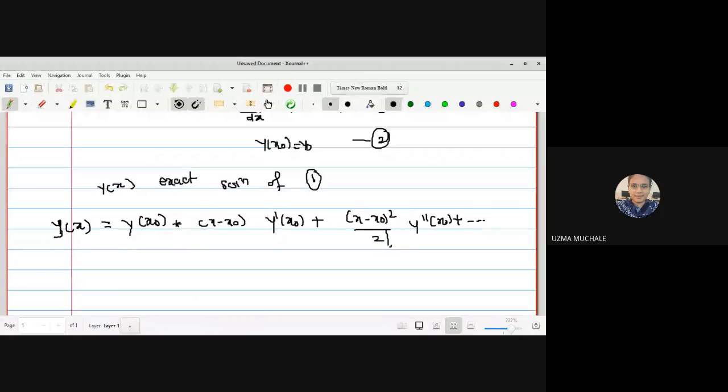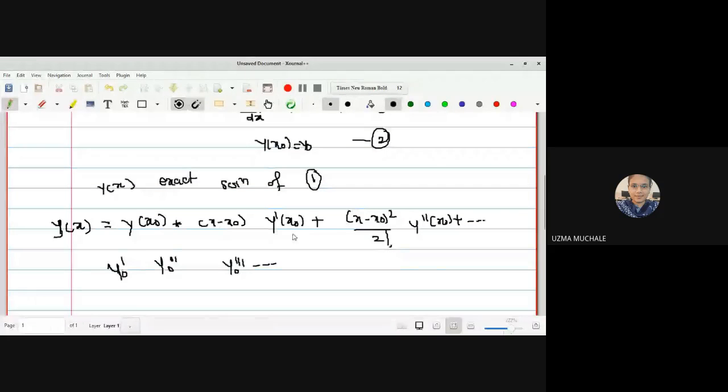Now what we need to find out here: x naught is given to us, and y of x naught is also given to us. So from this equation, we need to find out the values of the first derivative, the second derivative, y naught triple dash, and so on. Because y naught is given to us, and x minus x naught is also given to us, x being any variable.